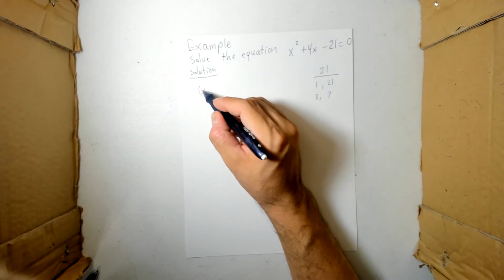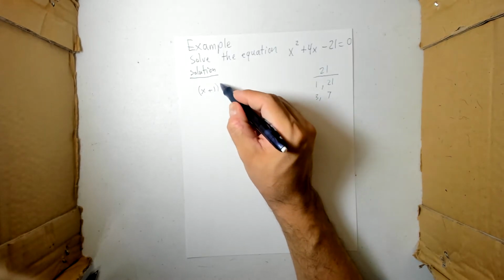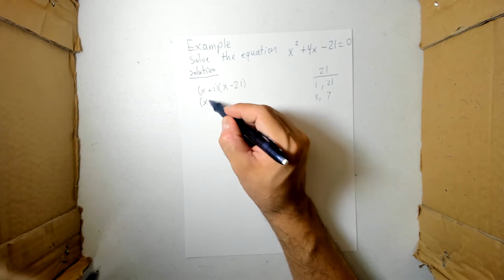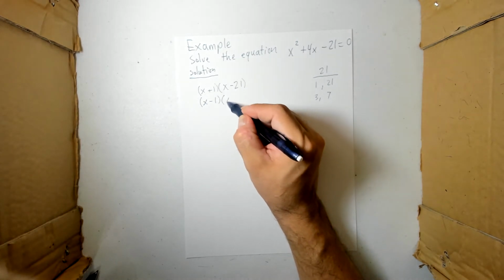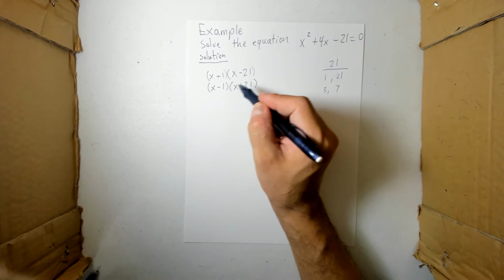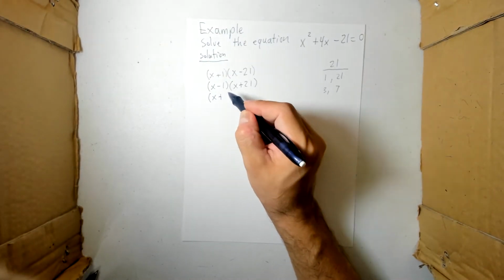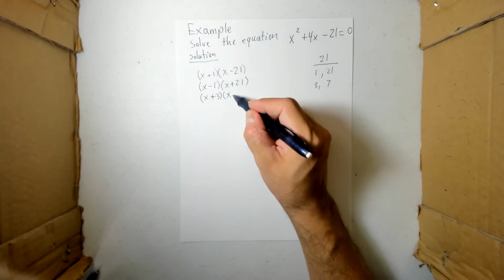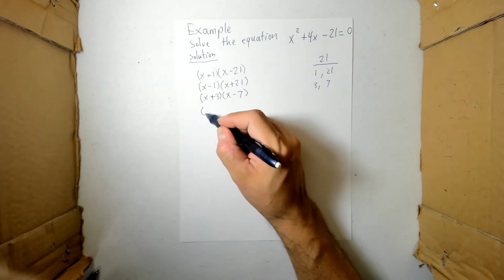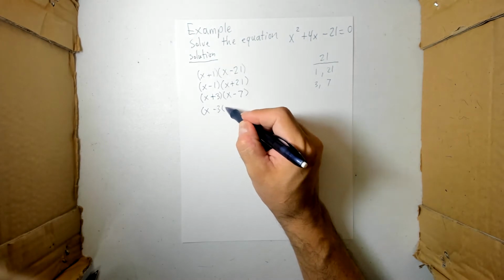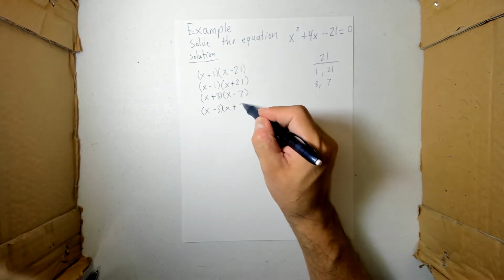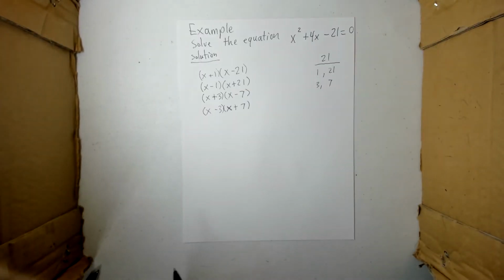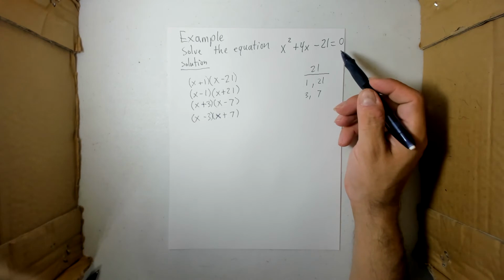Either it'll be x plus 1 times x minus 21, or it'll be x minus 1, x plus 21, or it'll be x plus 3, x minus 7, or it will be x minus 3, x plus 7. These then are the possible factors for this quadratic equation.